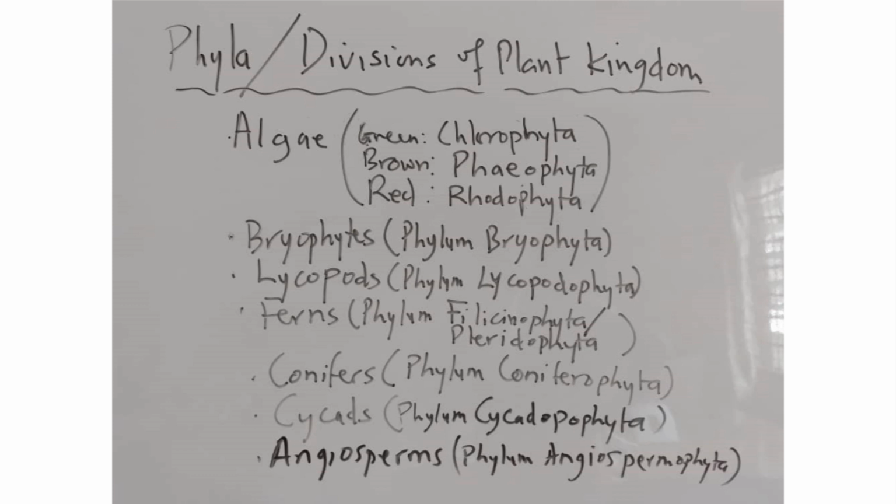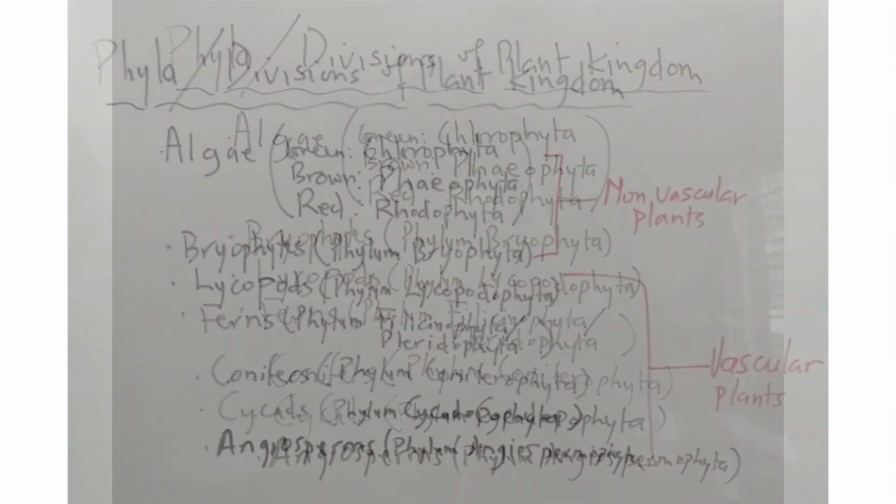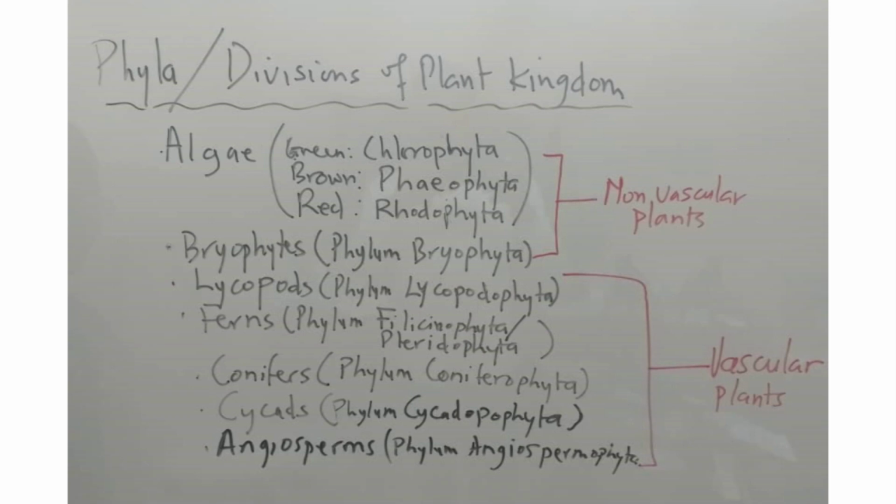Then we have Bryophytes, Phylum Bryophyta; Lycopods, Phylum Lycophyta; Ferns, Phylum Pteridophyta; Conifers, Phylum Coniferophyta; Cycads, Phylum Cycadophyta; Angiosperms, Phylum Angiospermophyta. Now, the algae and the bryophytes are non-vascular plants.